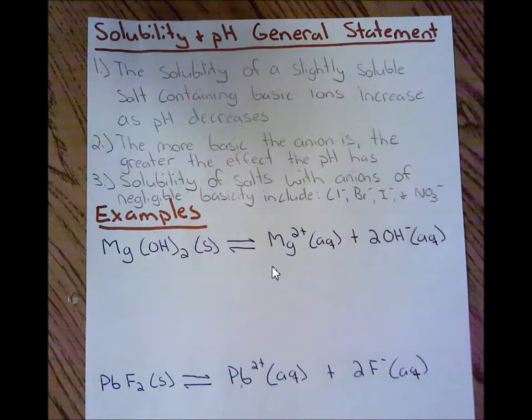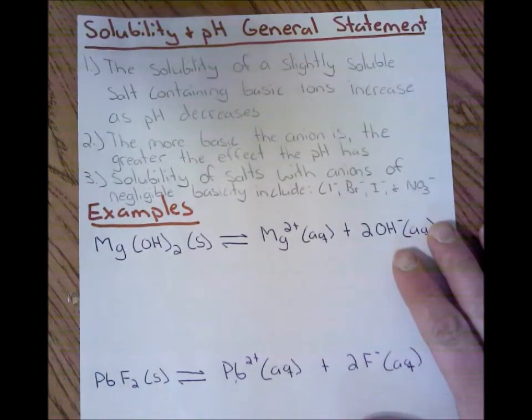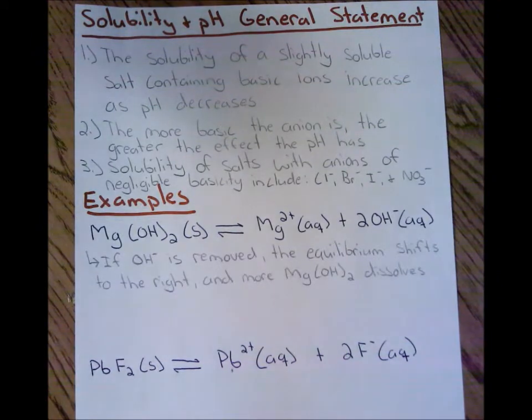If we have our OH-, our hydroxide, removed, then the equilibrium shifts towards the right, and more magnesium hydroxide dissolves. So if we remove OH-, we're going to make the solution more acidic, and we can remove OH- or hydroxide by adding a strong acid.